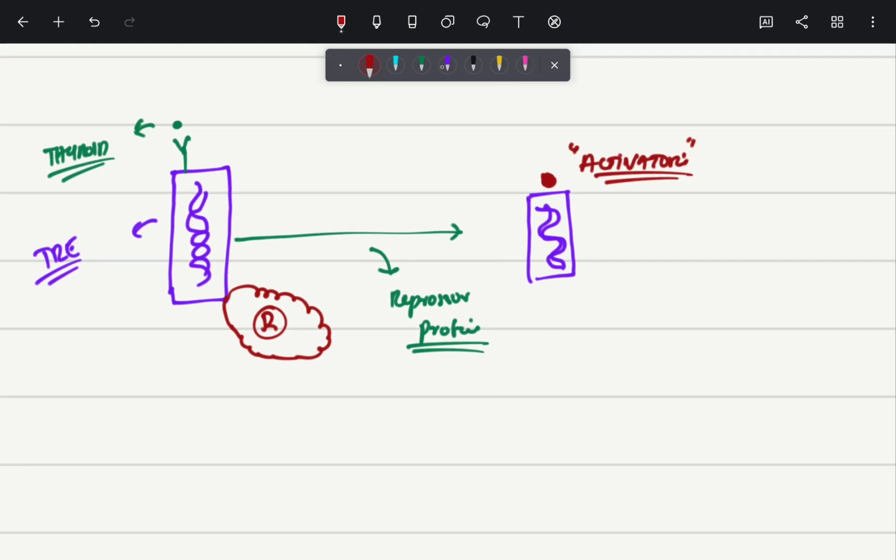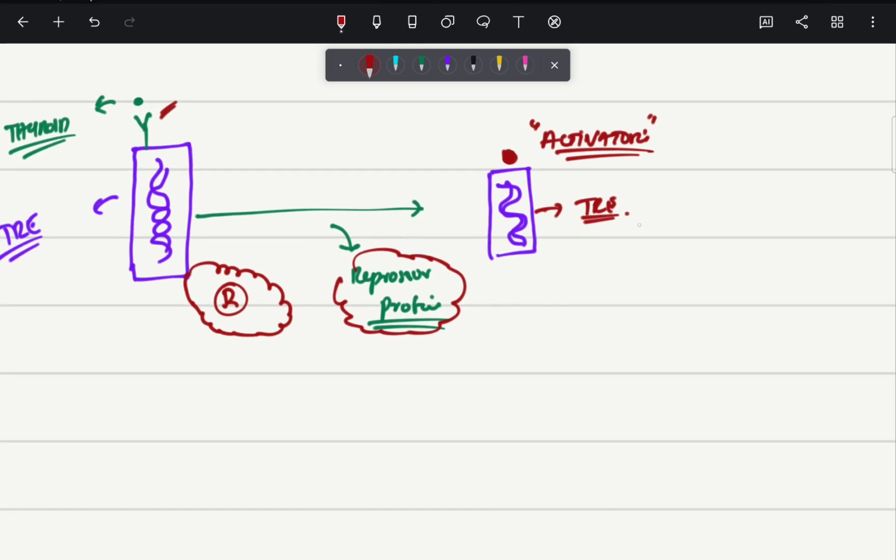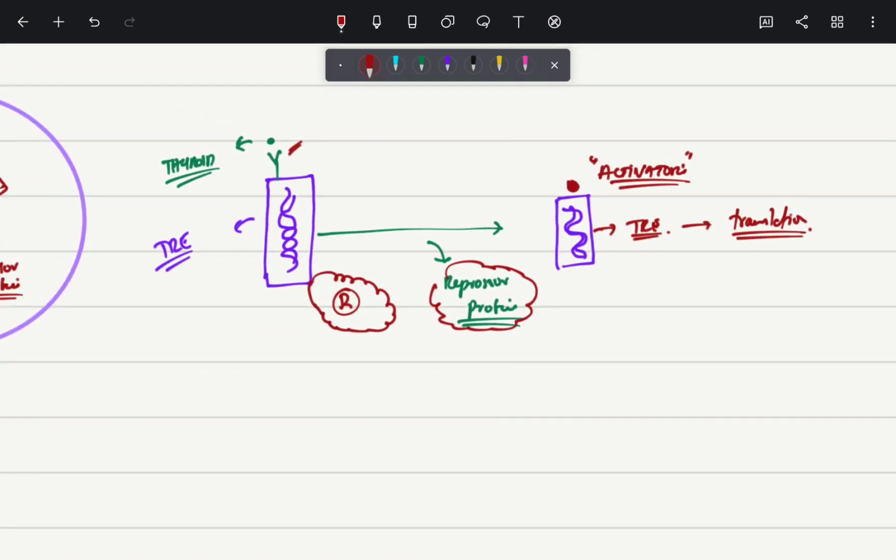So once again, when the thyroid molecule comes and attaches to the thyroid response element, it will eject the repressor protein outside, and once the repressor protein is outside, the activator protein will come and bind to the thyroid response element, and once the thyroid response element is completely activated, it will start the transcription. Okay, so that's why the nuclear receptors act in a different way compared to the cytoplasmic receptors.